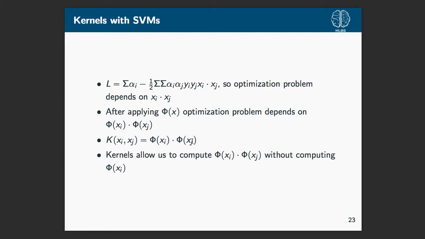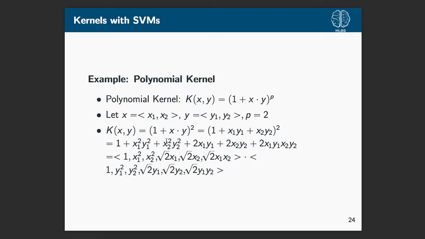Kernels for SVMs allow us to compute this dot product, which is needed for the optimization problem, without directly computing phi of xi. So it's a more efficient way to do this. Here's an example to make this clearer. Let's say you have a data set that needs some sort of quadratic decision function.